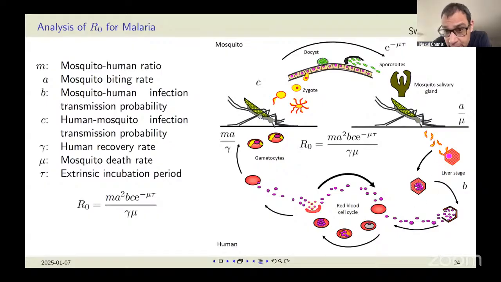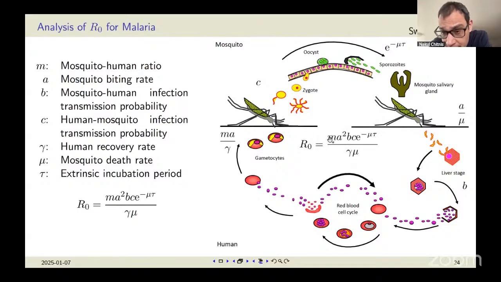If you multiply all of these together, you get the expected number of new infectious cases from one infected individual. So that's R naught, which is the mosquito density times A squared B C e to the negative mu tau over gamma mu.